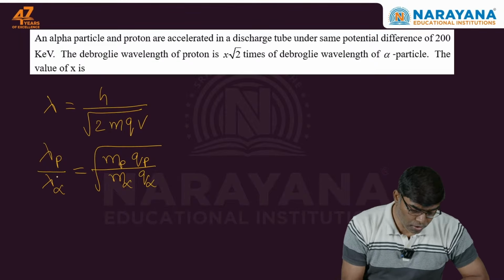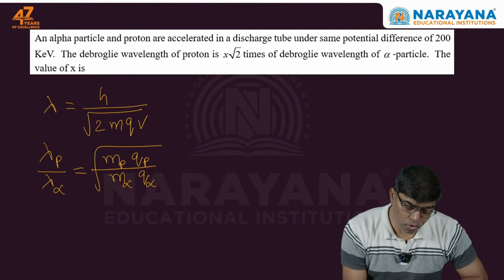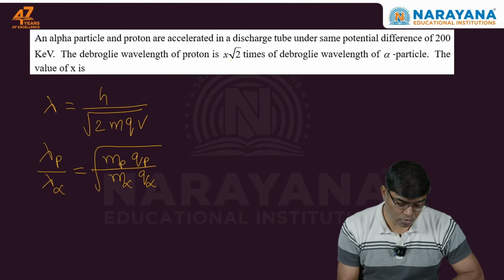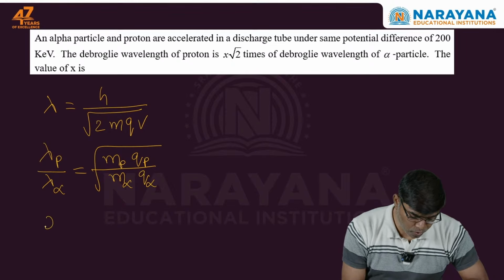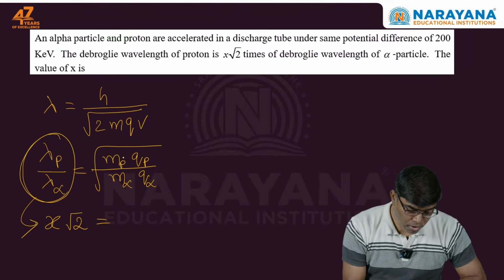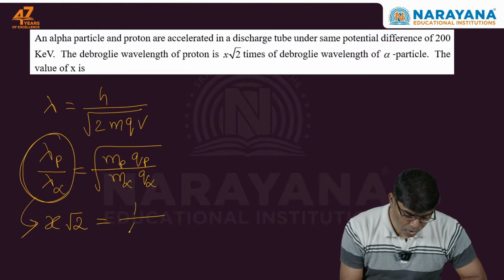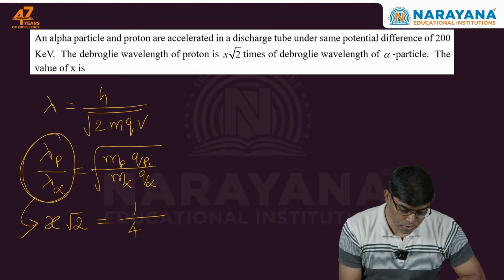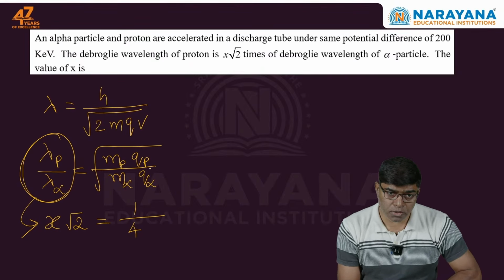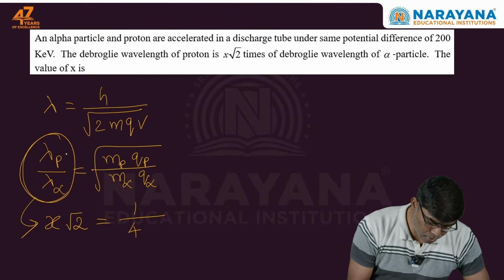Now the information given to us is the de Broglie wavelength of proton is x root 2 times. So I'll write x root 2 equal to, so this ratio is given to us. This is x times root 2, and here m of proton, m of alpha, so this has to be 1 by 4, and proton has charge 1 unit, and oh, just a minute, a small mistake.